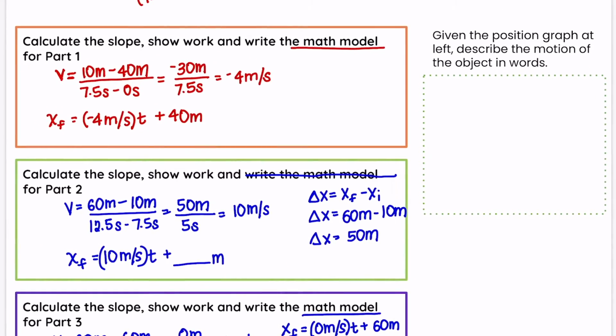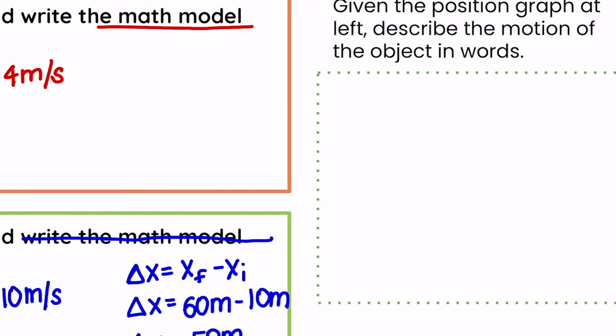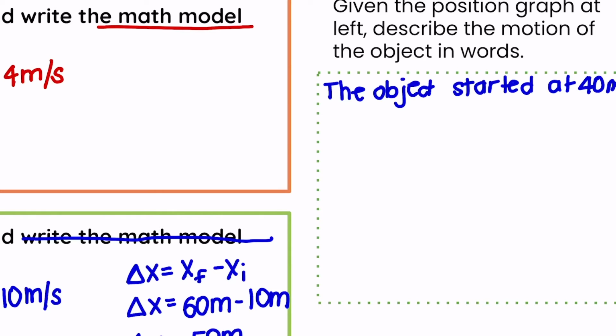All right, so now we're going to look at this next part. Given the position graph at the left or above, describe the motion of the object in words. And so we'll break it up into 4 parts. The first part is the object started at 40 meters and traveled 4 meters per second in the negative direction for 7.5 seconds.